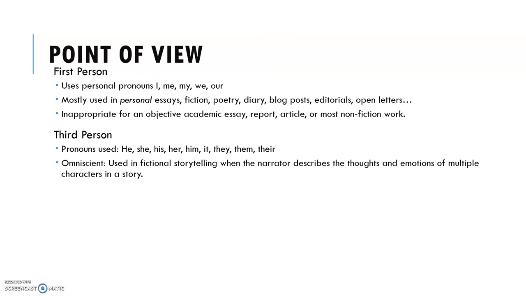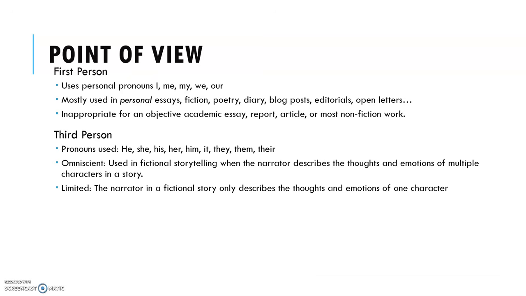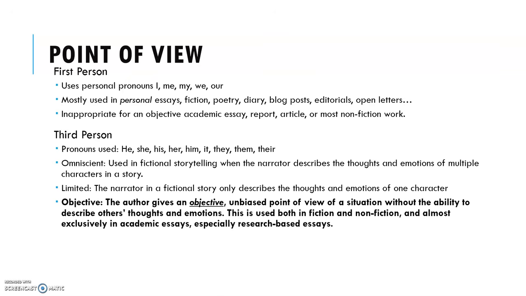I don't want you to get too hung up on these for right now. Third-person omniscient is usually used in fictional storytelling when a narrator describes the thoughts and emotions of multiple characters in a story. Third-person limited is when the narrator in a fictional story only describes the thoughts and emotions of one character.